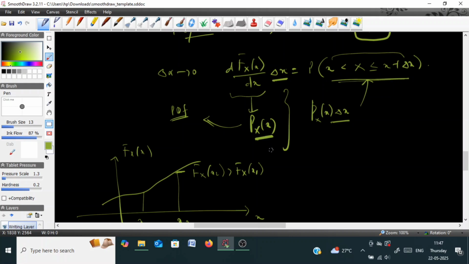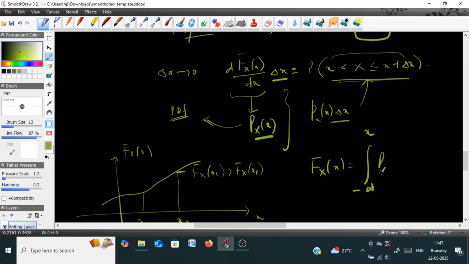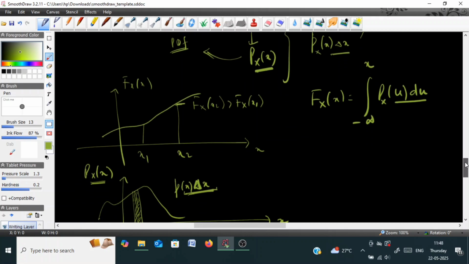Okay. Now, since your PDF is a derivative of the CDF, I can express F_X(x) in terms of the integration of the PDF, p_X(x), or you can take some dummy variable, maybe p_X(u) du. Okay, so this is how you can express the CDF in terms of the PDF, because the PDF is the derivative, so the CDF will be the integral of it.